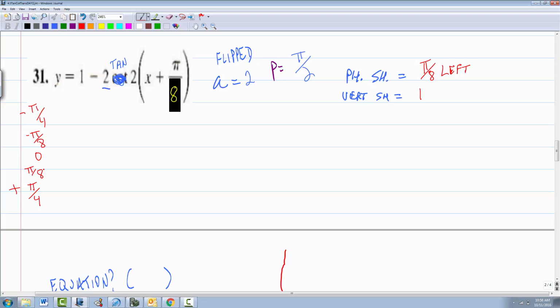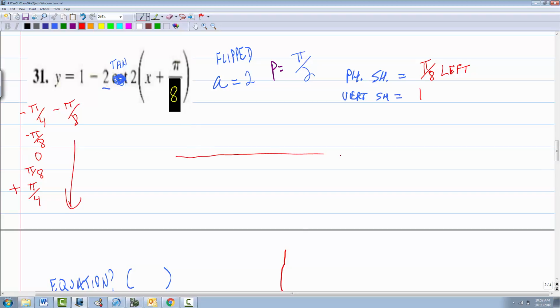And we can see this. Is pi over 8 left a good phase shift compared to this period? Yes or no? As a fraction, what fraction is that phase shift of the period? Oh, it's a quarter, right? So we're going to subtract pi over 8 all the way down.